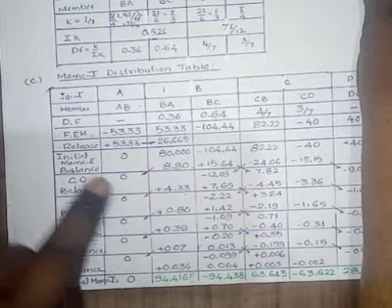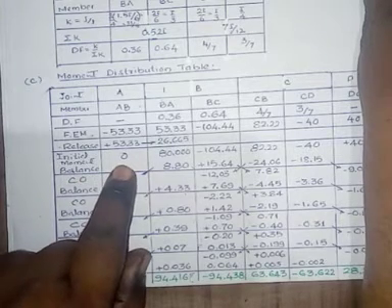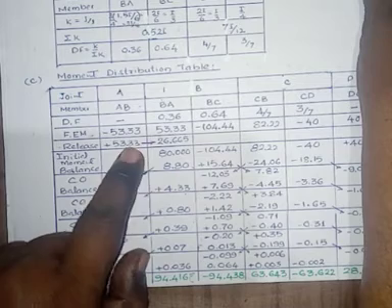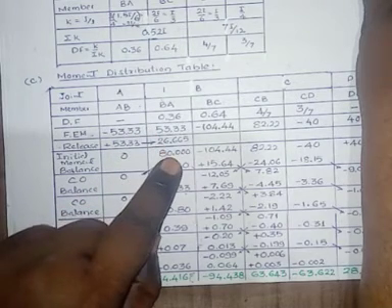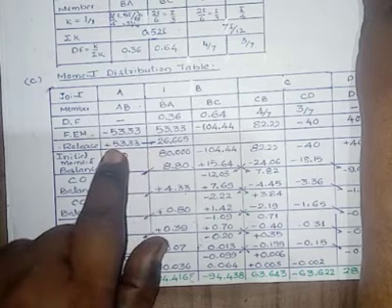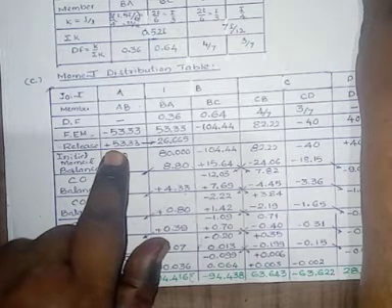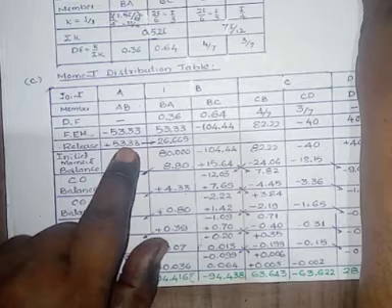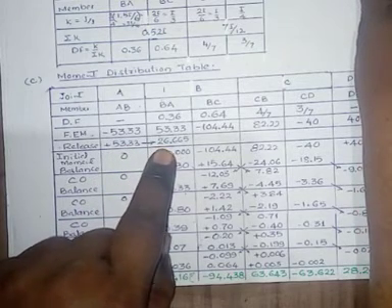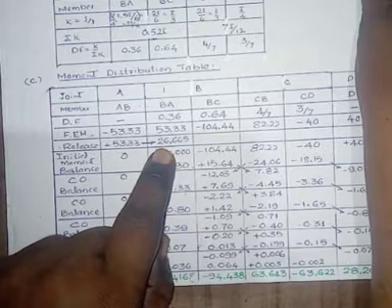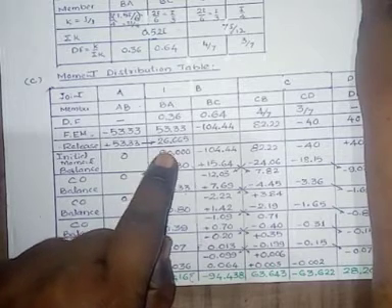This is the initial moment, minus 53.33 plus 53.33, that is 0. Here 53.33 plus 26.665. We have to carry over 50% of the moment from A to B with the same sign. If it is positive, then carry the moment with positive sign. If it is negative, then carry the moment with negative sign.